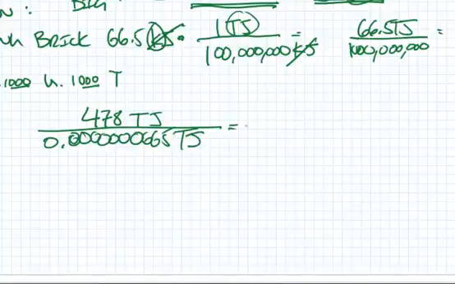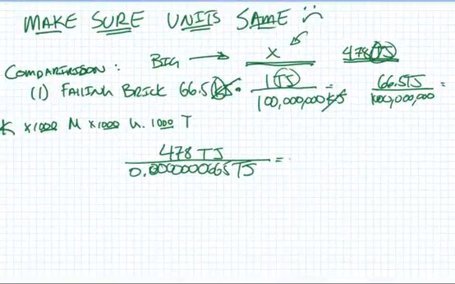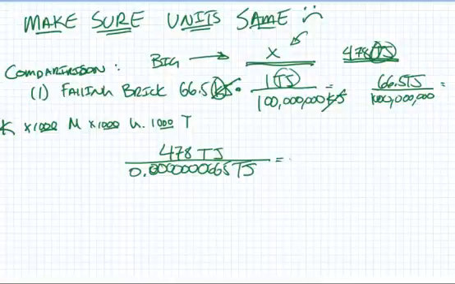Now we can do the division and figure out how many brick drops would equal a Caldera explosion. This is going to get ridiculous. Okay, 478 divided by 0.0000000665. Okay, here we go. Holy Mary Moses.